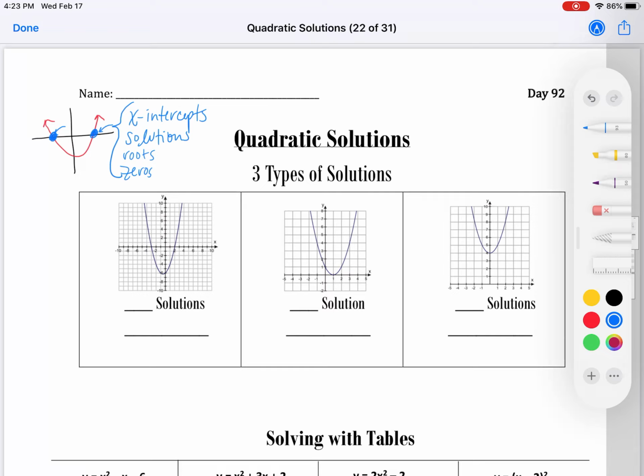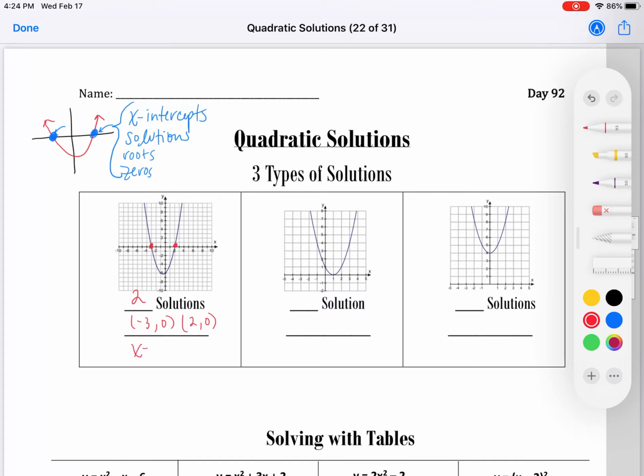There are three different things that could happen when you graph a parabola. In this first example, when this one is graphed, it has two solutions. The solutions of this graph are at (-3, 0), that's one solution, and the other solution touches the x-axis at (2, 0).